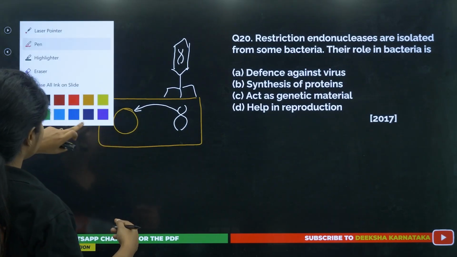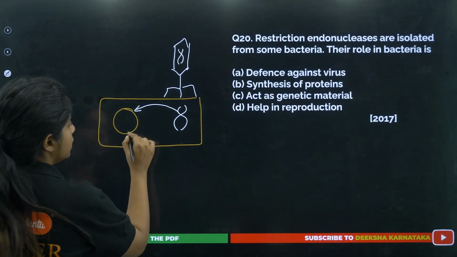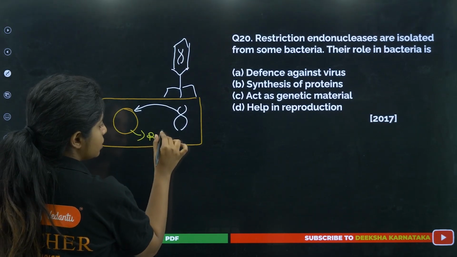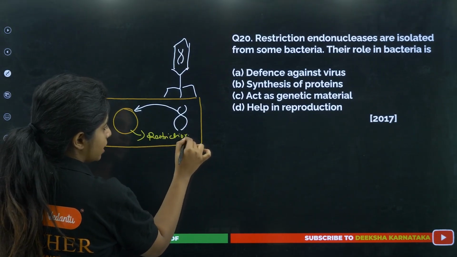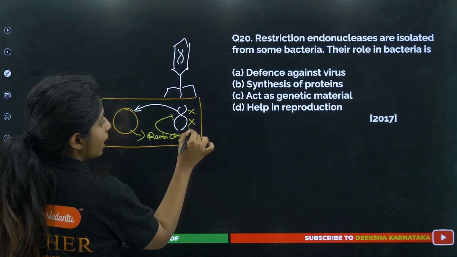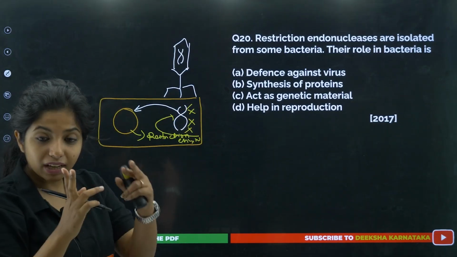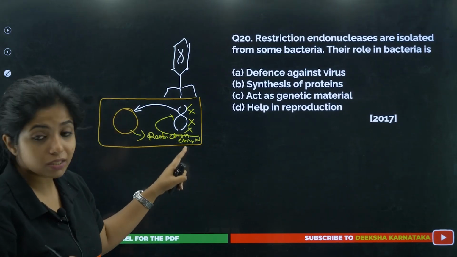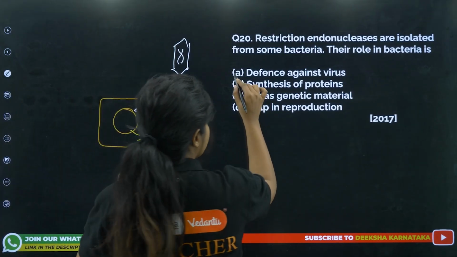Now what do they actually do? Bacteria have certain enzymes known as restriction enzymes. These enzymes will go and cleave this viral DNA. They will go and digest this viral DNA. They will go and cut this. So basically, don't you think this is acting as a defense against viruses?